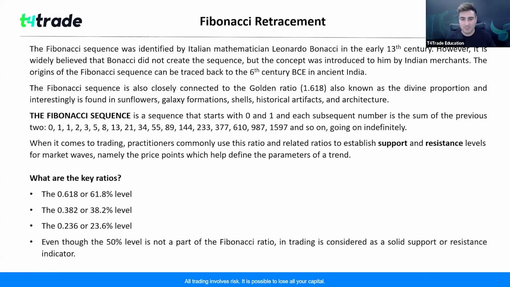We have the 38.2% level, the 23.6% level, and many traders also use the 50 because it's half of the distance of a specific move. That kind of makes sense, even though the 50% level, the 0.5, is not an actual Fibonacci number. It's an additional level that traders most of the time use when they're trying to assess how far a pullback may go.